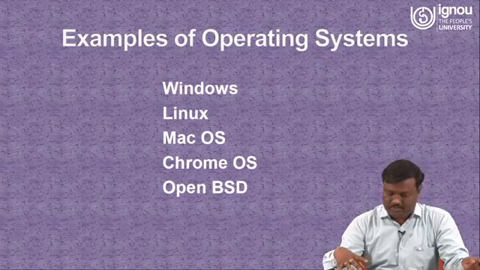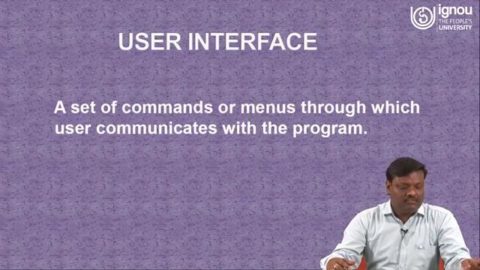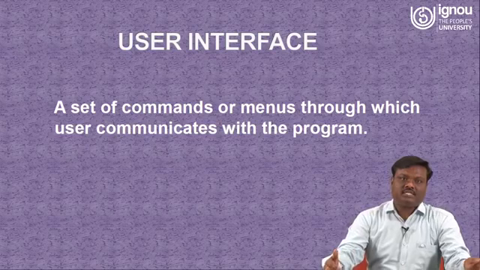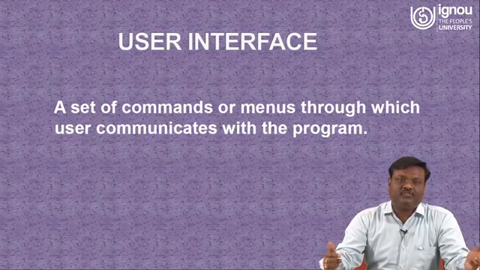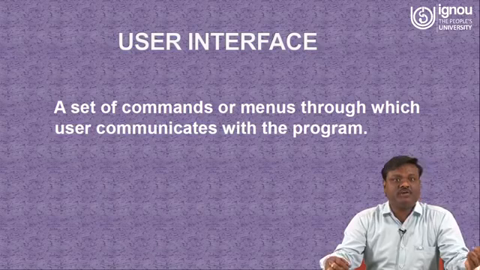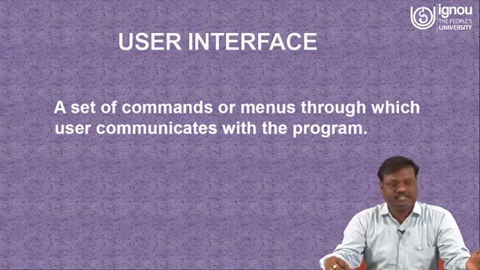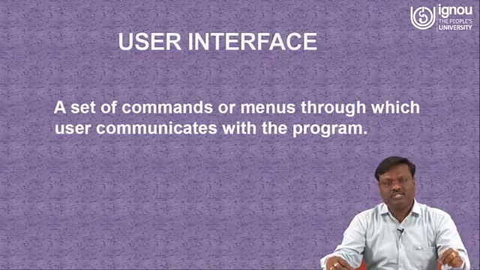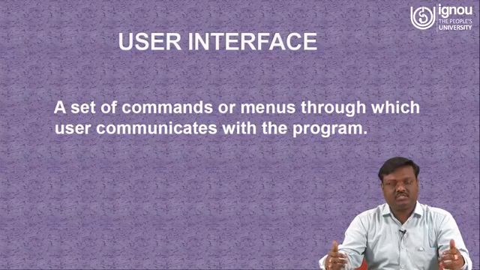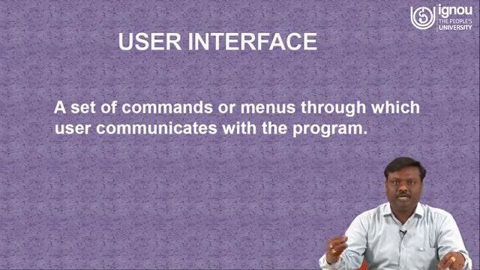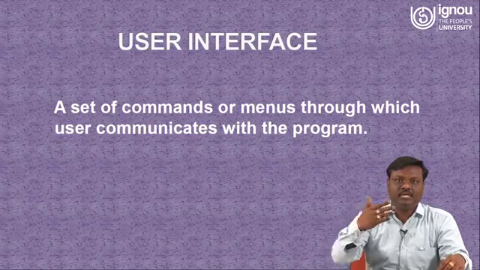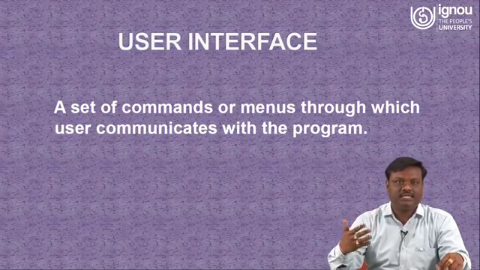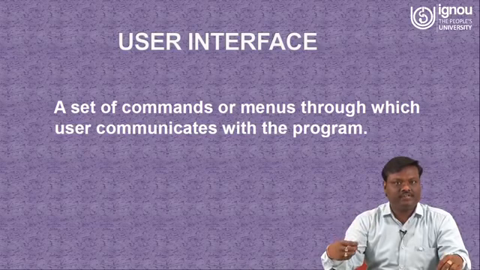First of all, how does it provide the kind of help that it wants to give to the user? It comes in the form of a user interface. Whenever you switch on the system, it boots up, and after booting up, a Windows machine will open up with the desktop and with the cursor activation.